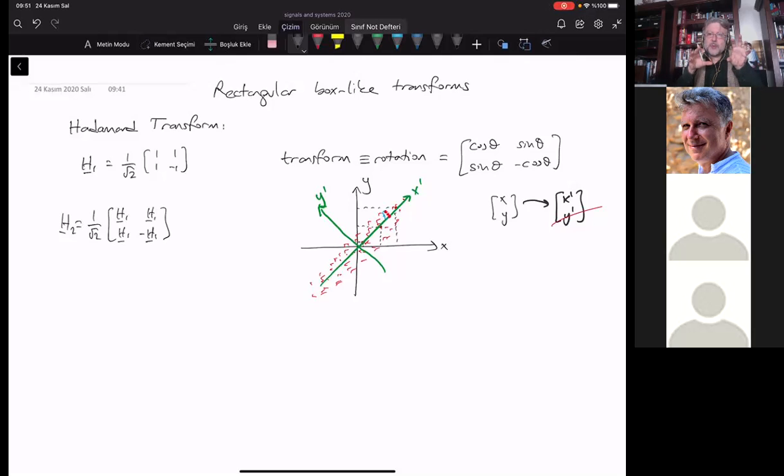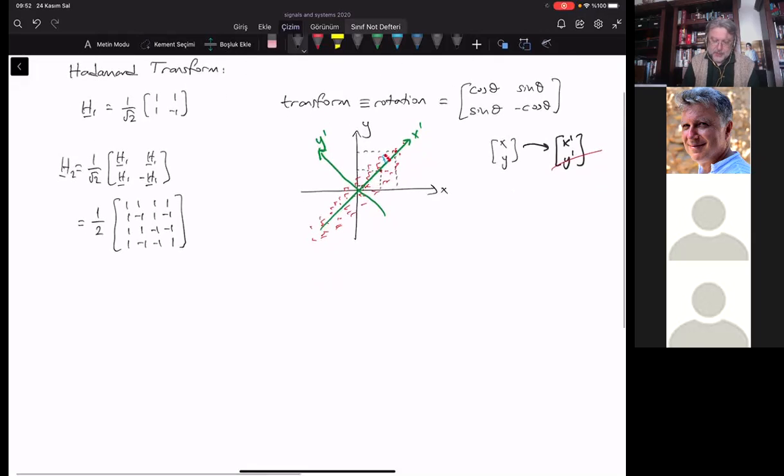So we insert that 2x2 matrix inside our matrix, and we form a 4x4 Hadamard transform, which is 1 over 2, 1, 1, 1, minus 1, 1, 1, 1, minus 1, 1, 1, 1, minus 1, and the negative of these four, which is minus 1, minus 1, minus 1, 1. So this is the 4x4 Hadamard transform.